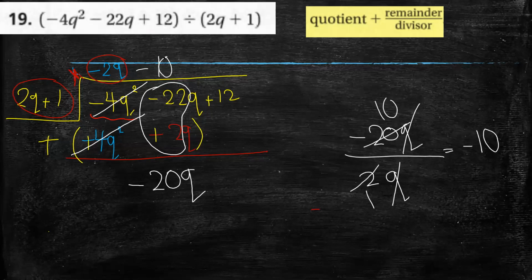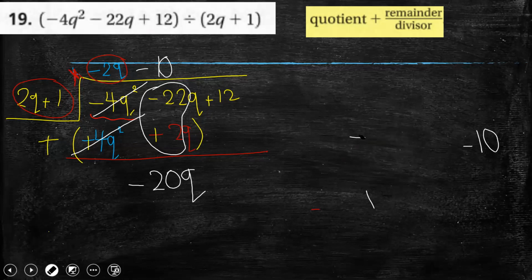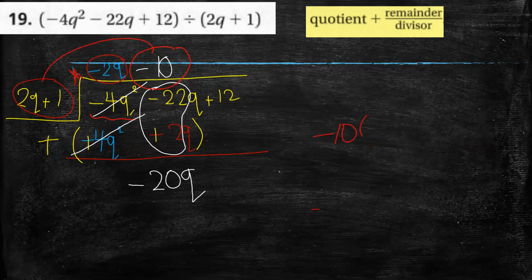We divide by the first term, but when you want to multiply, you multiply with the whole term. So let's now multiply negative 10 by 2q plus 1, which is negative 20q minus 10.